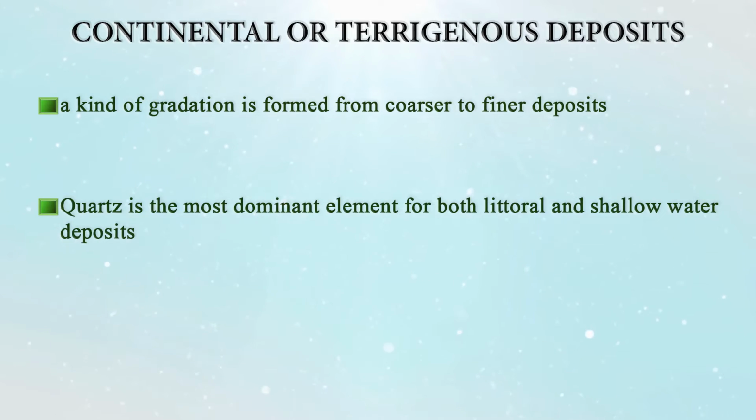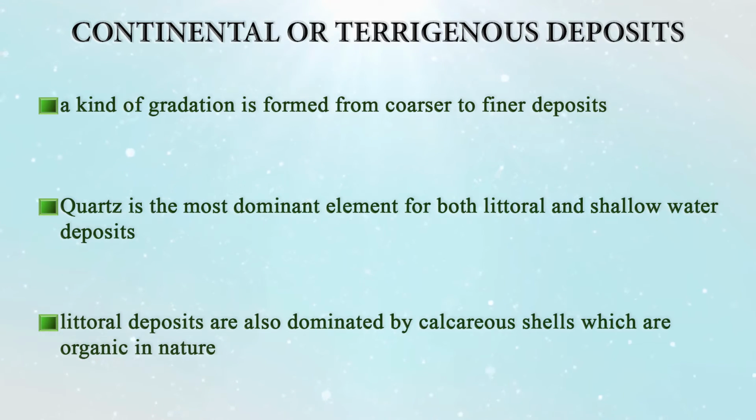Quartz is the most dominant element for both littoral and shallow water deposits. Littoral deposits are also dominated by calcareous shells, which are organic in nature and formed by the decomposition of shells of various animals or organisms which live in the shallow water area.